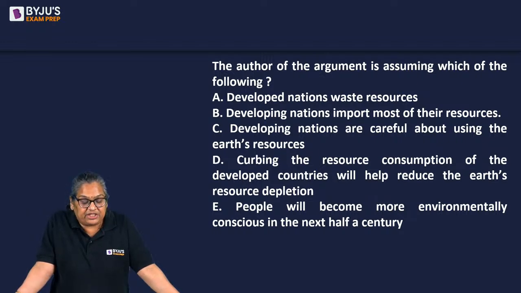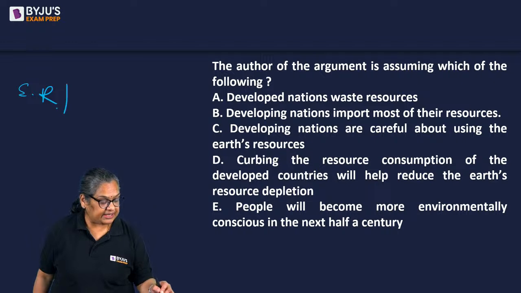Alright, developed nations waste resources, developing nations import most of their resources, developing nations are careful about using Earth's resources, curbing resource consumption of developing countries will help reduce the Earth's resource depletion. People will become more environmentally conscious in the next half a century.